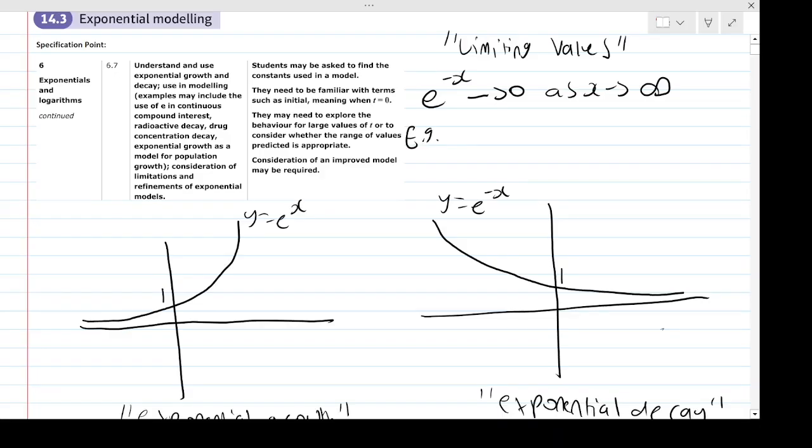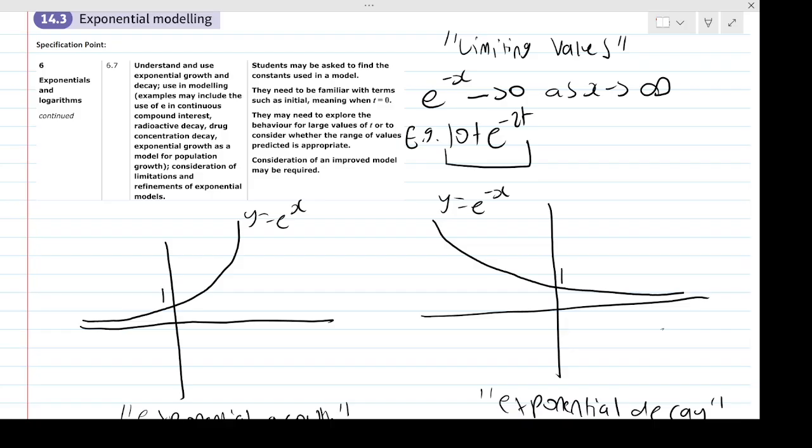we are asked to find the limiting value, or the long-term value, of 10 plus e to the negative 2t. As t is time, what happens to this expression as t goes to infinity, as time goes on and on?